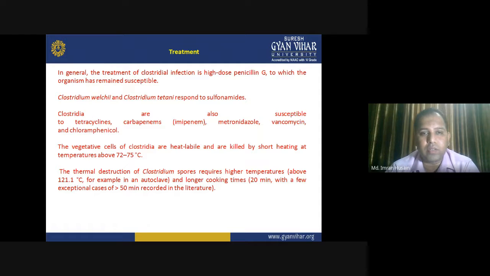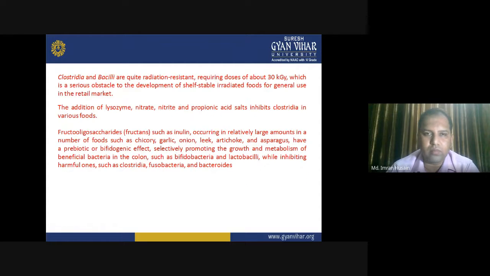The vegetative cells of Clostridia are heat labile and are likely killed by short heating at temperatures of 72 to 75 degrees centigrade. The thermal destruction of Clostridium spores requires high temperatures above 121.1 degrees centigrade, for example in an autoclave, and cooking times longer than 20 minutes, with few exceptional cases of less than 15 minutes recorded in the literature.